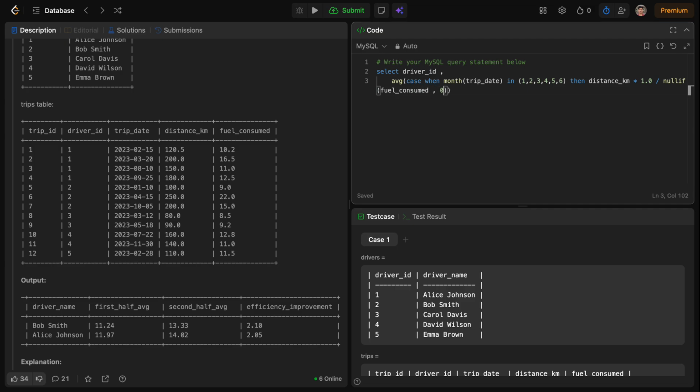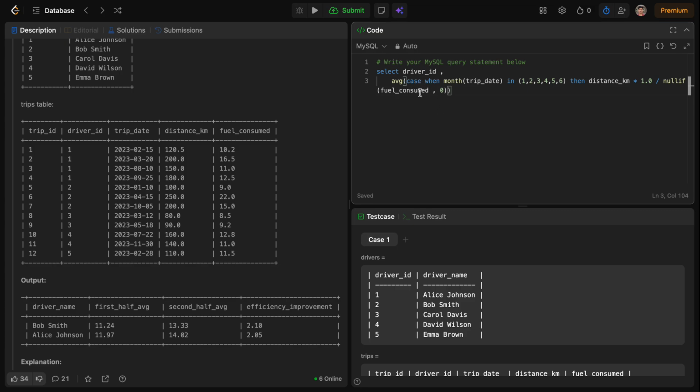Because if we divide by 0 it gives us an error, so we have to handle this situation. That is why we are using NULLIF, which checks the first value against the second one after the comma.